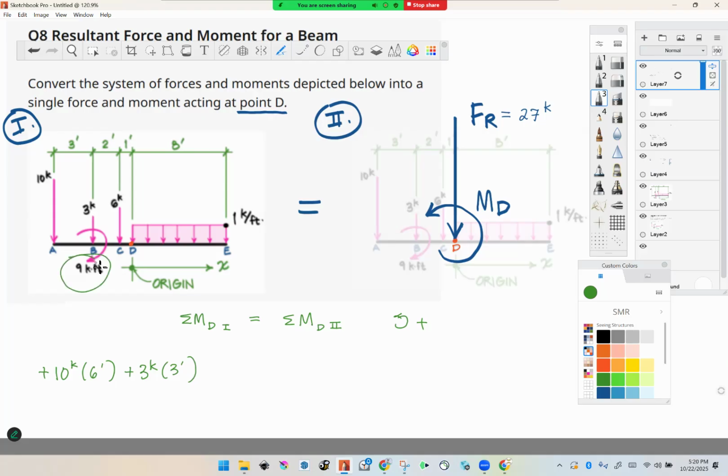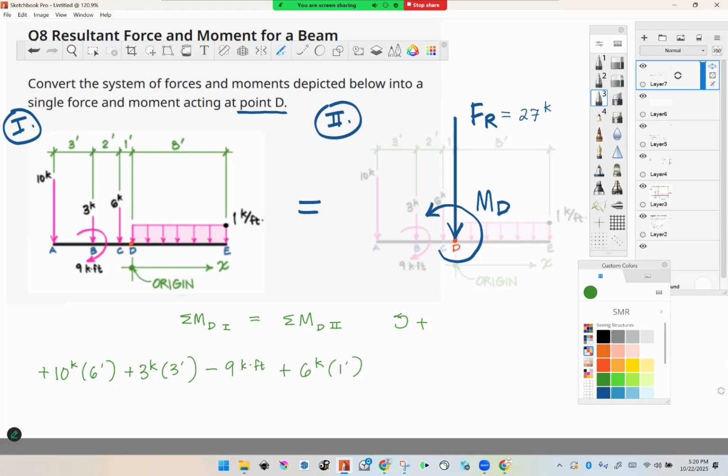Next term, applied moment, 9 kip feet, and that one is clockwise, negative. Next term, 6 kips at a distance of 1 foot, positive counterclockwise.